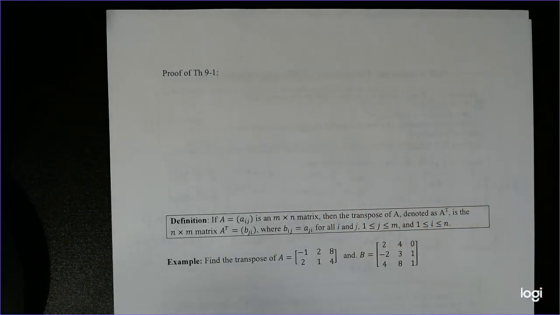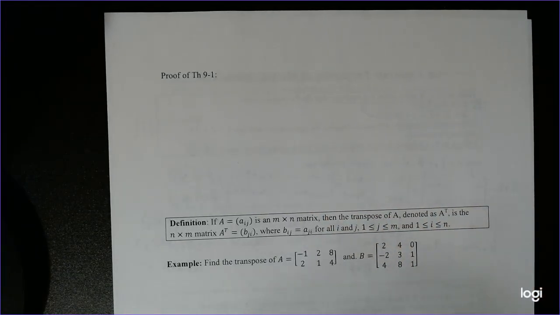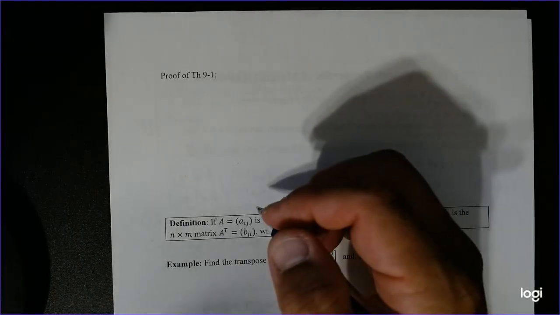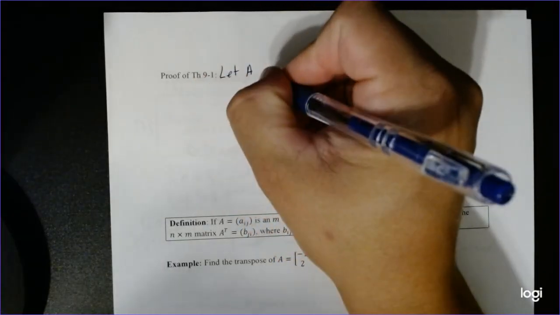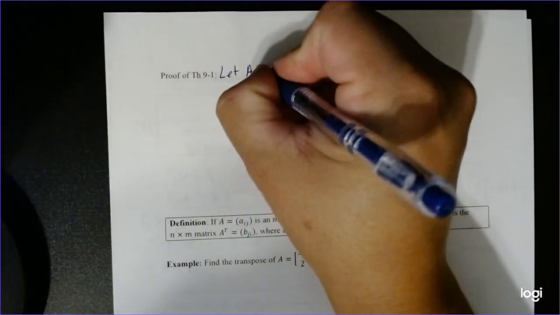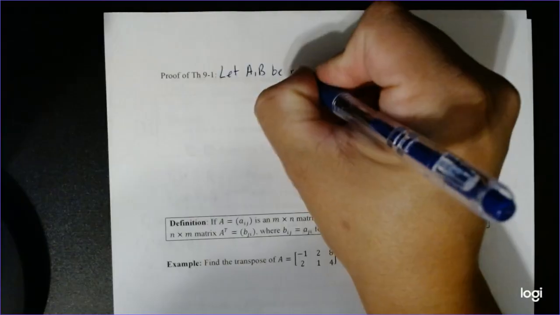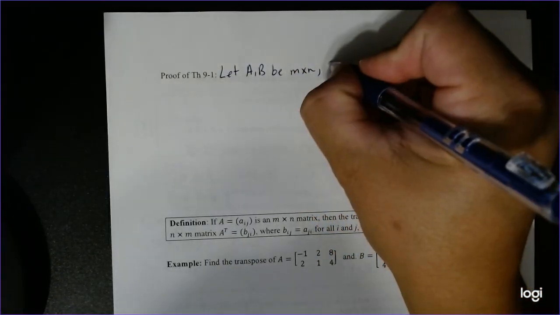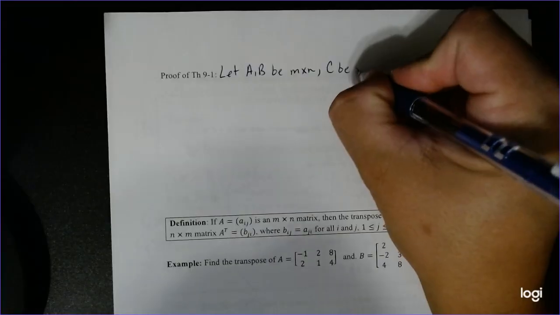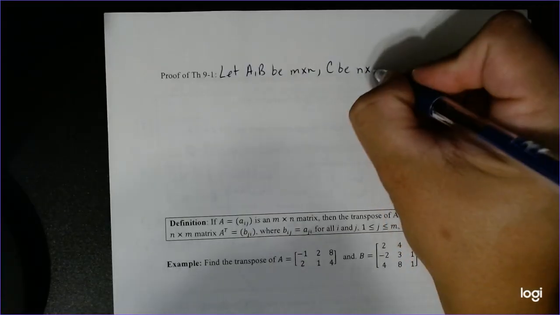Okay. All right, so let me get my notes here. So just like everything else, we're just going to write down what's given to us. So in this case, let A, B be M by N matrices, and let C be an N by P matrix.